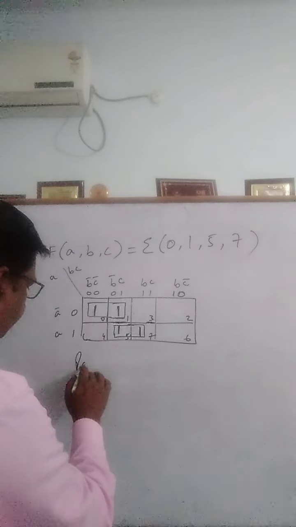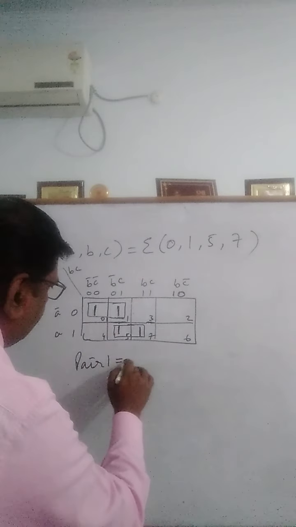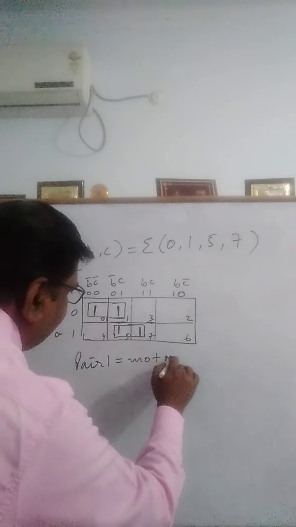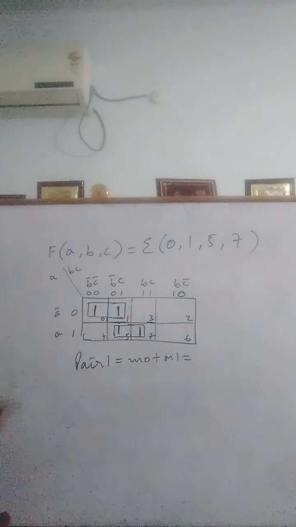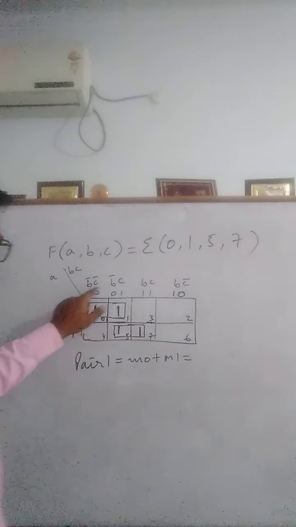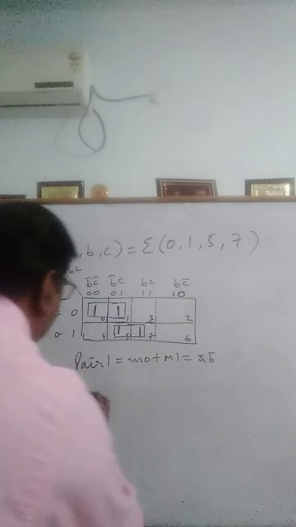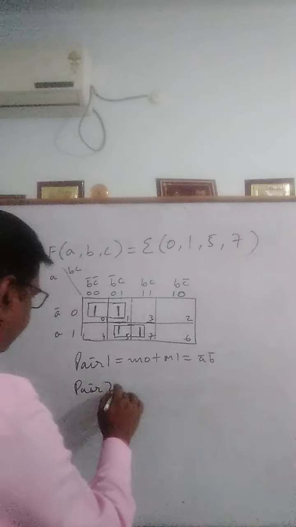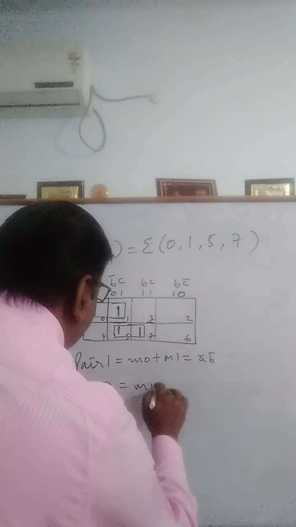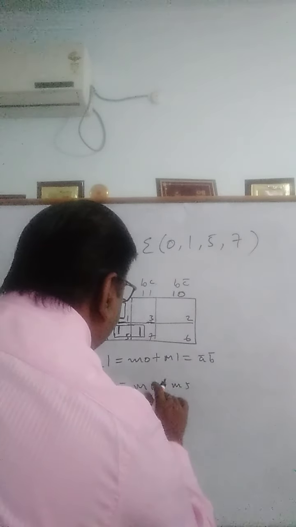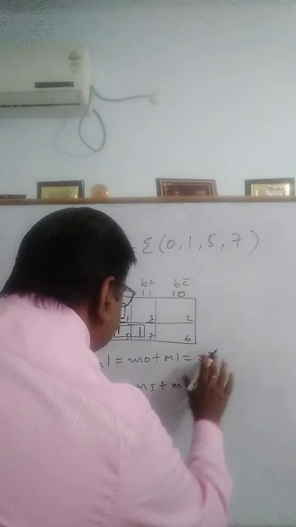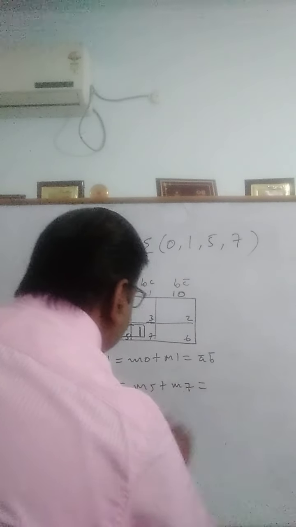There are 2 pairs. Number 1 is M0 plus M1. The expression will become A bar is not changing and B bar is not changing. C is changing, therefore it will be A bar B bar. In pair 2, you are writing M5 plus M7.